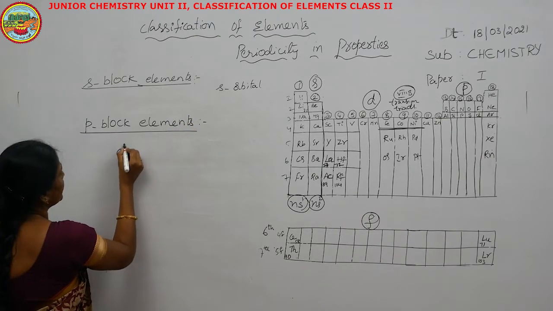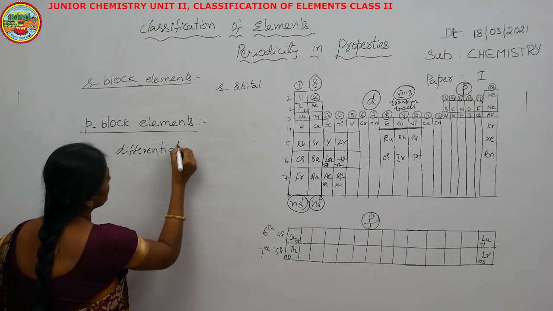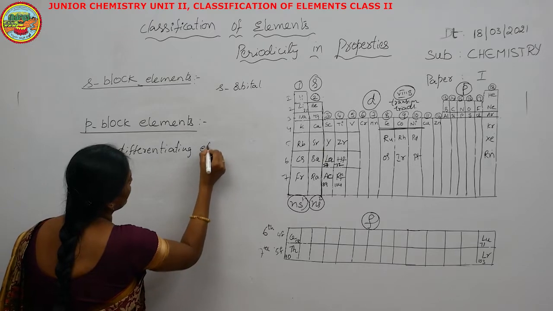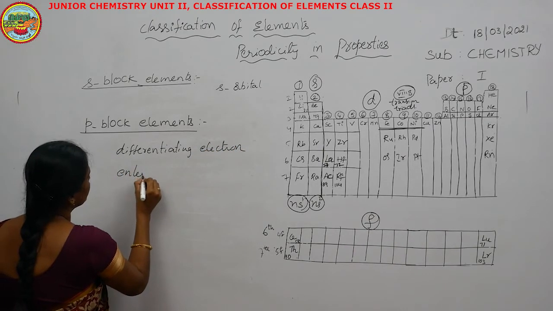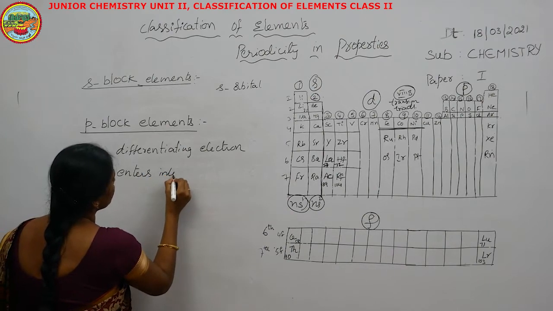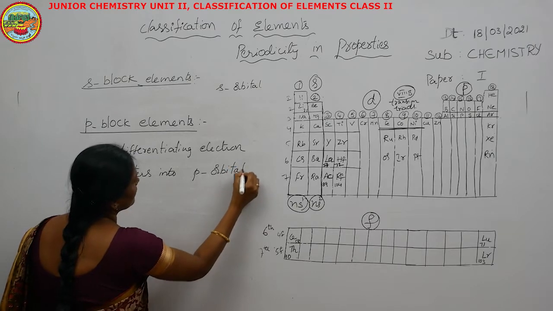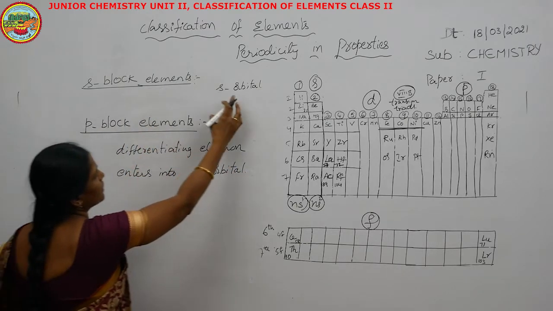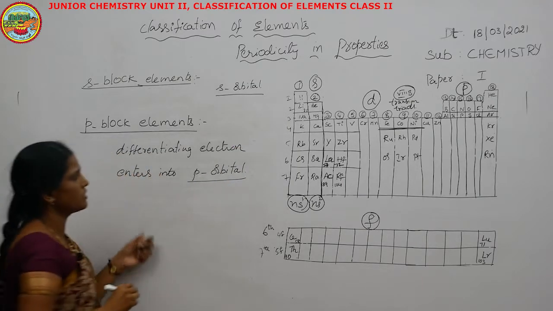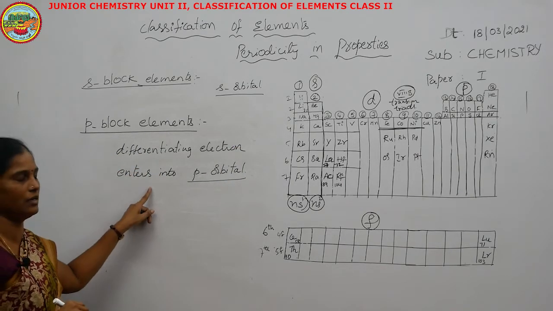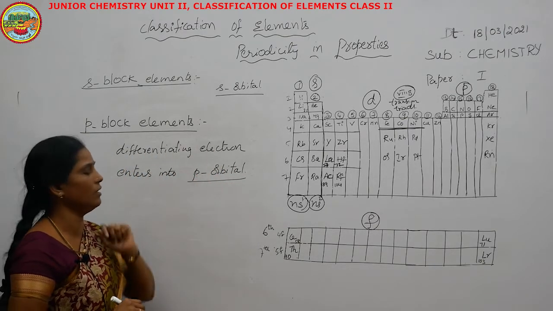The differentiating electron enters into the p orbital. So s block elements, the differentiating electron enters into the s orbital. P block means the differentiating electron, the valency electron, the outermost electron enters into the p orbital.